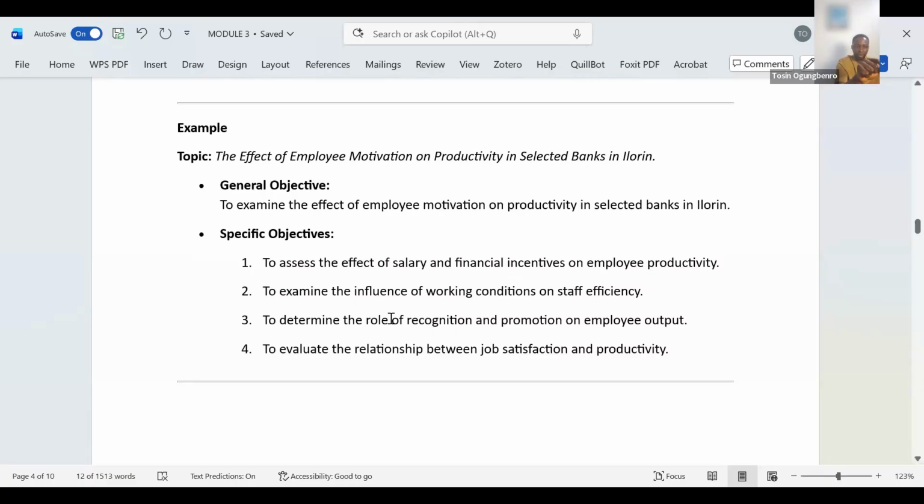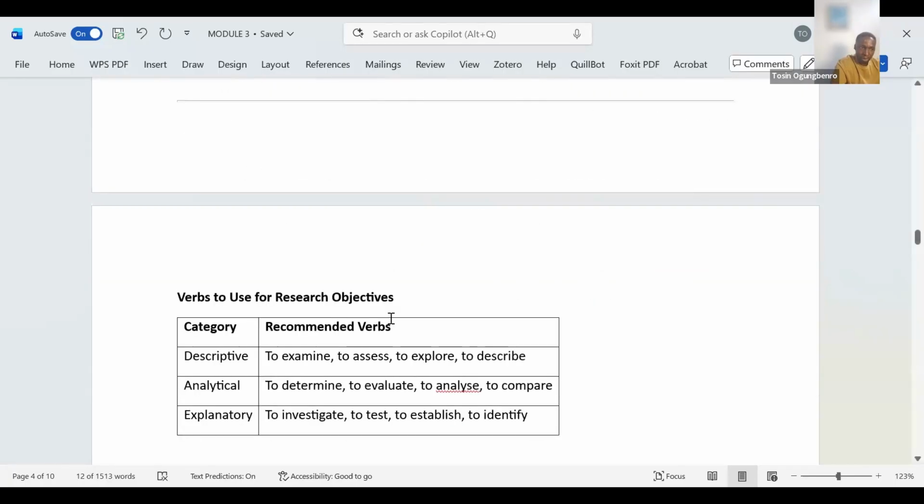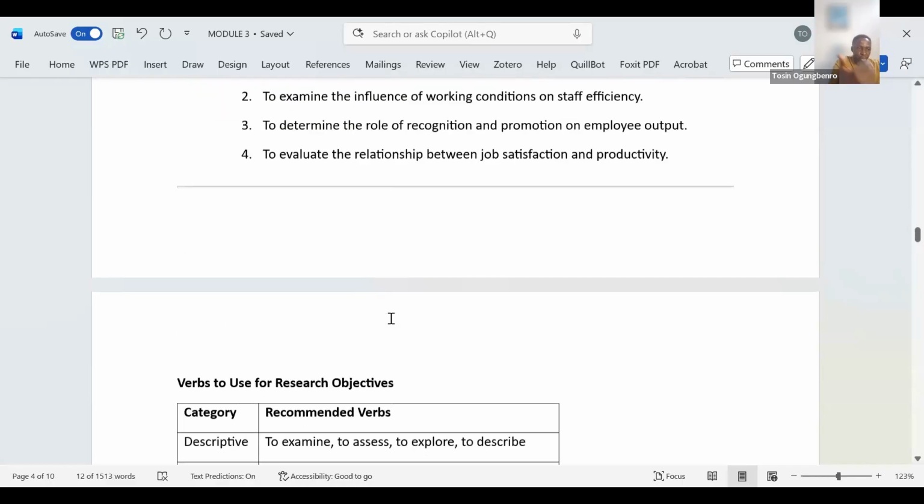That will be our research question. It means our variables are still maintained, still intact. The same thing goes for the other objectives.